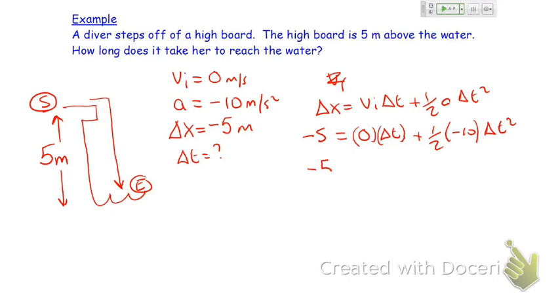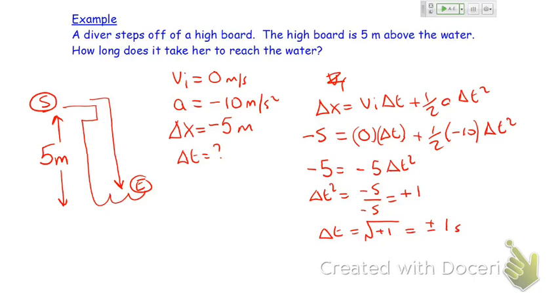So -5 is equal to -5 delta t squared. So delta t squared equals -5 over -5, which equals +1. So delta t is equal to the square root of +1, which equals plus or minus 1 second.